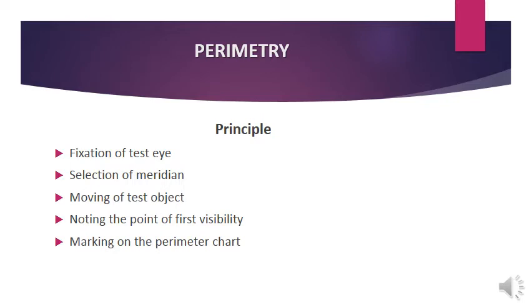We then mark the angle formed between the test object and the visual axis for the selected meridian on the perimeter chart.